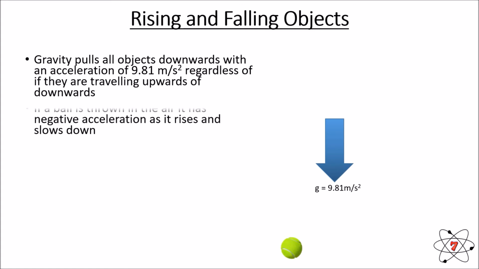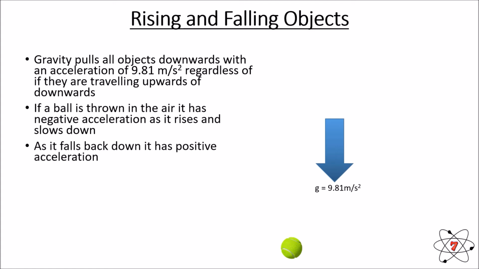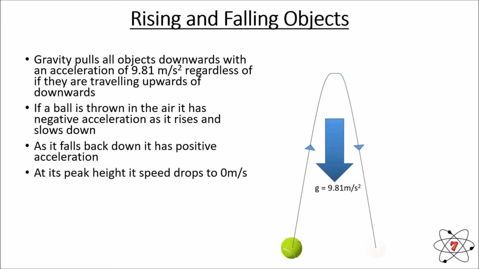So if we take a tennis ball and throw it up into the air, as it travels up, it has negative acceleration. It slows down. Its velocity becomes less because gravity is pulling down on it. As the ball falls back down to Earth, it has positive acceleration and its speed begins to increase again.